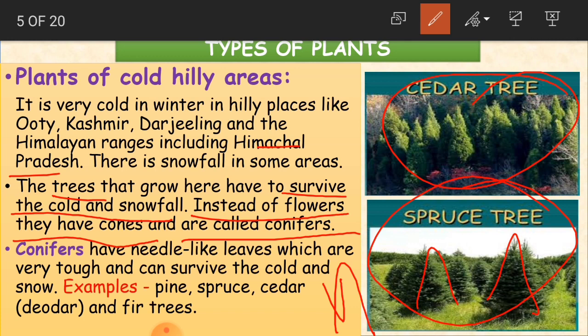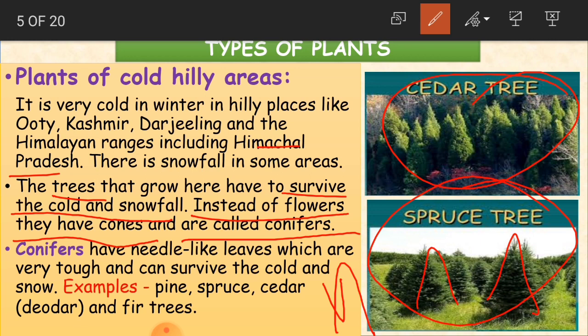Conifers have needle-like leaves which are very tough and can survive the cold and snow. The leaves of these trees are like needles. You have an idea of a needle, very sharp and thin. They are very tough, very strong, and they can survive the coldness and snow in the weather.